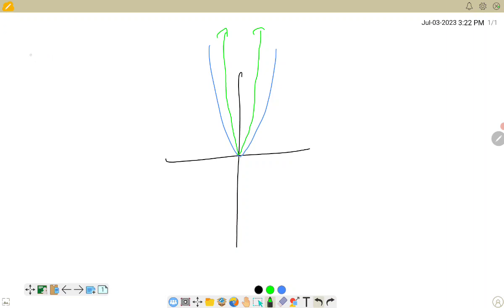Well, if we stretch vertically by a factor of 3, it's just going to be 3 times f of x. Okay? And then the last one was if we wanted to shrink it vertically, so in this case it would look something more like this. And that would just be 1/3 f of x.